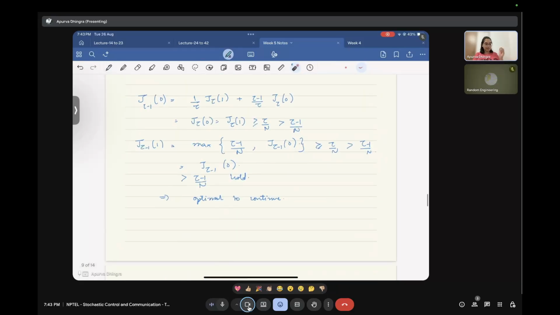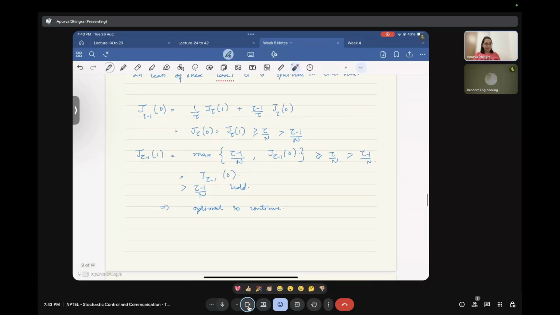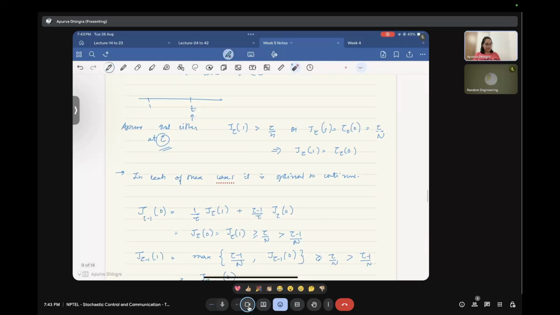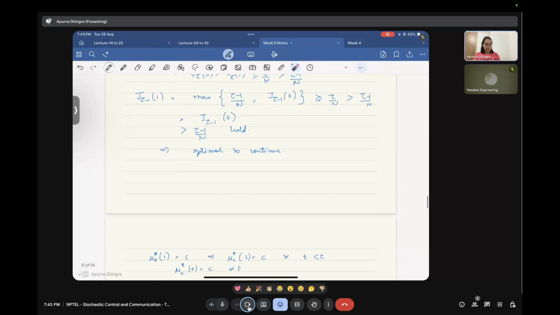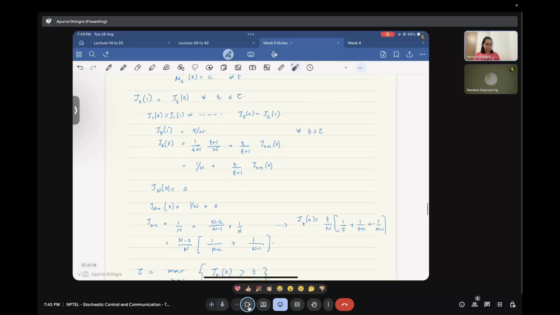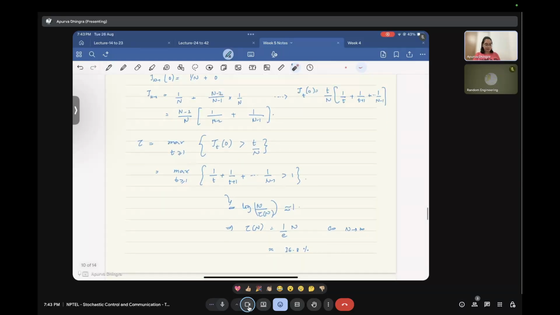To do this, they've made simple comparisons between the values, the value of j tau minus 1 for state 0 and state 1, and they've managed to reach this.